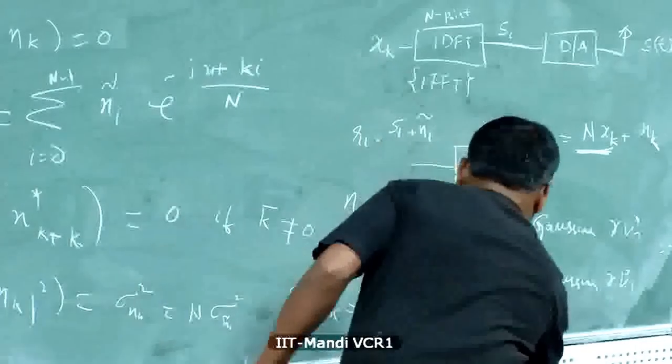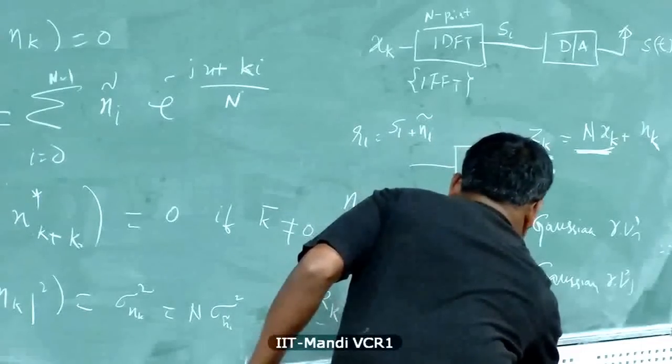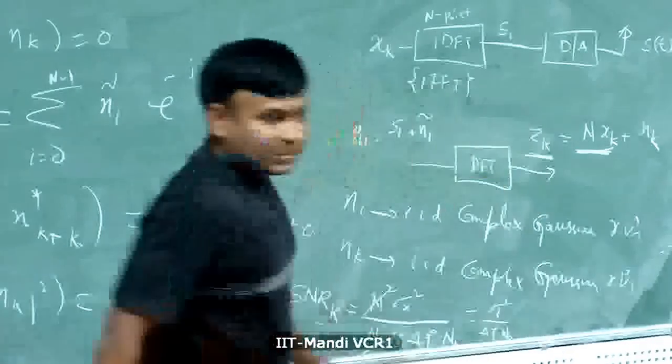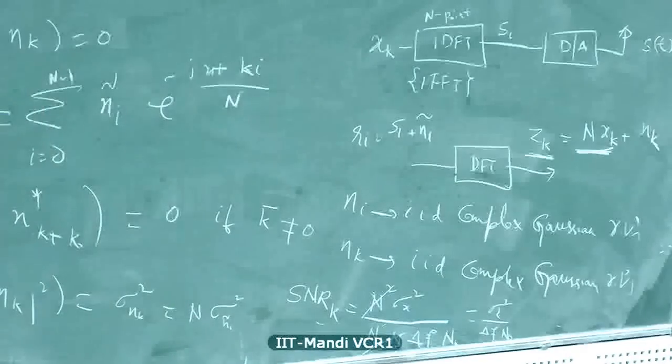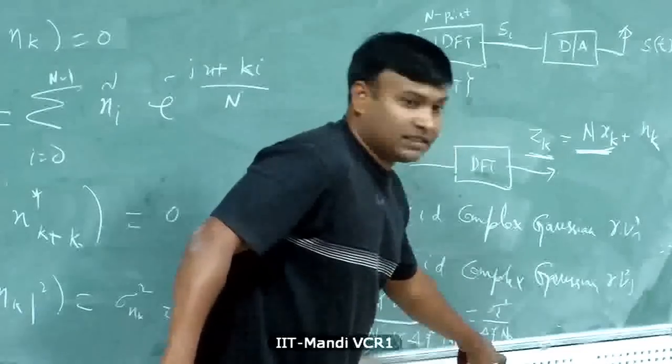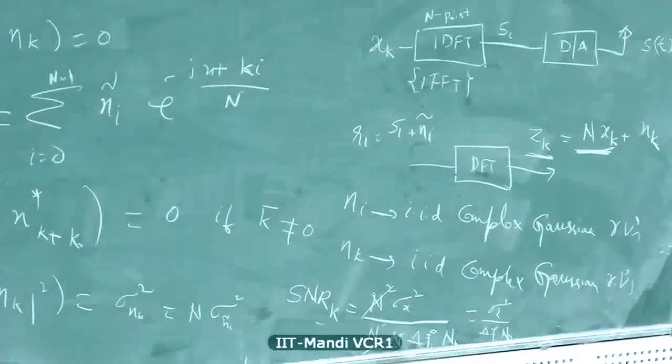That becomes, N squared goes away, sigma X squared by delta F times N naught, which is exactly what we got using analog processing. The effective signal power is sigma X squared and the effective noise power is delta F times N naught.